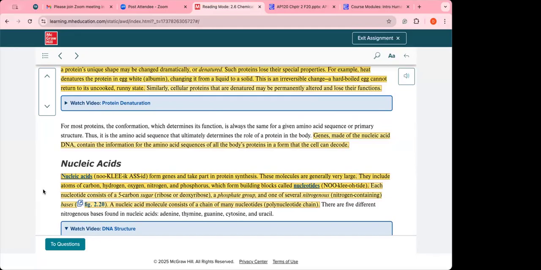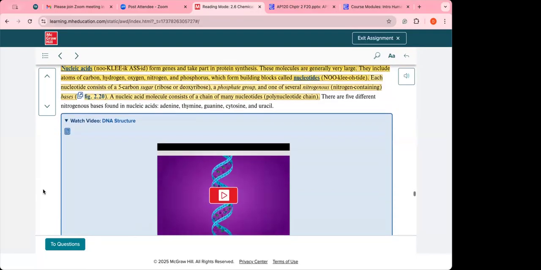These molecules are very large. They include atoms of carbon, hydrogen, oxygen, nitrogen, and phosphorus, which form building blocks called nucleotides. Each nucleotide consists of a 5-carbon sugar, a phosphate group, and several nitrogenous bases. Is there anything else about nucleotides? Under the video, maybe?